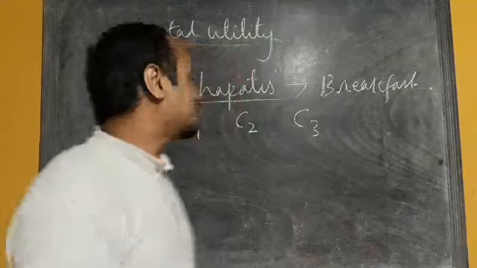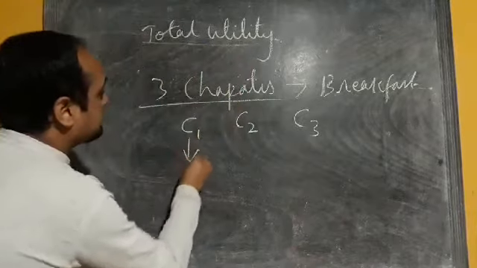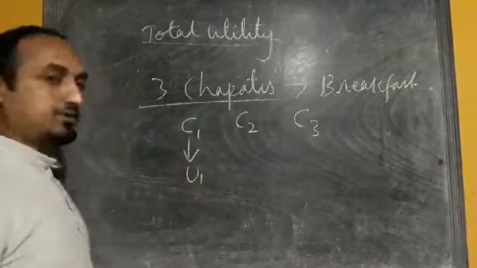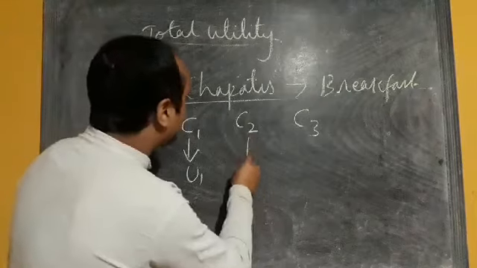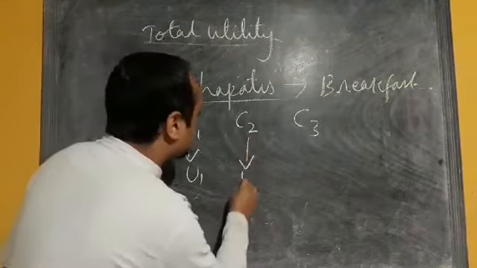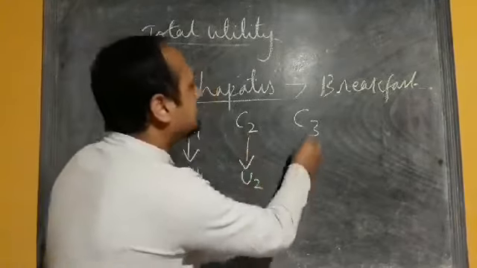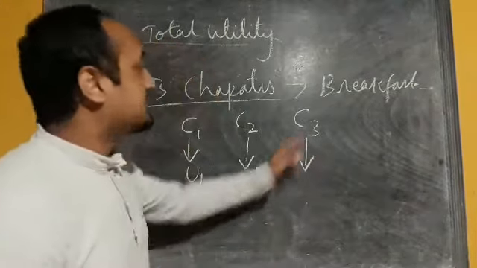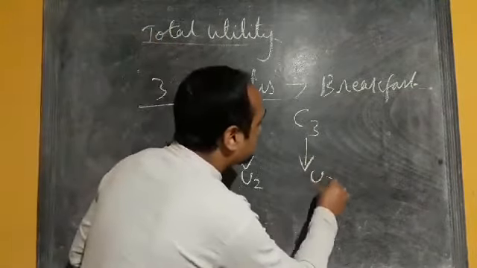Now the satisfaction obtained from the first chapati is, suppose, U1. The satisfaction derived from the second chapati is, suppose, U2, and the satisfaction derived from the third chapati is, suppose, U3.